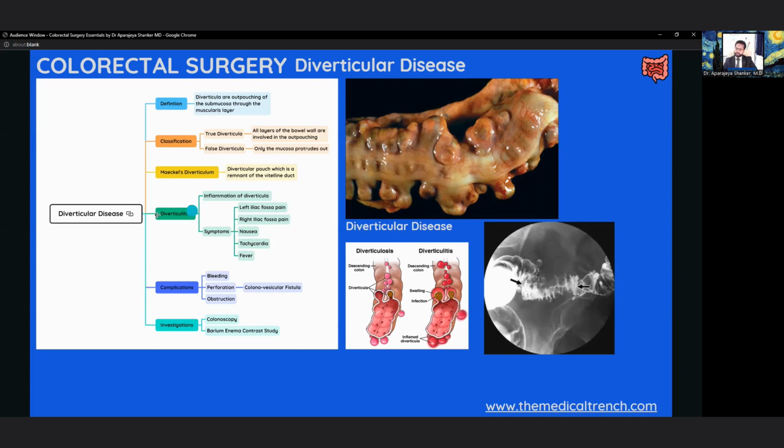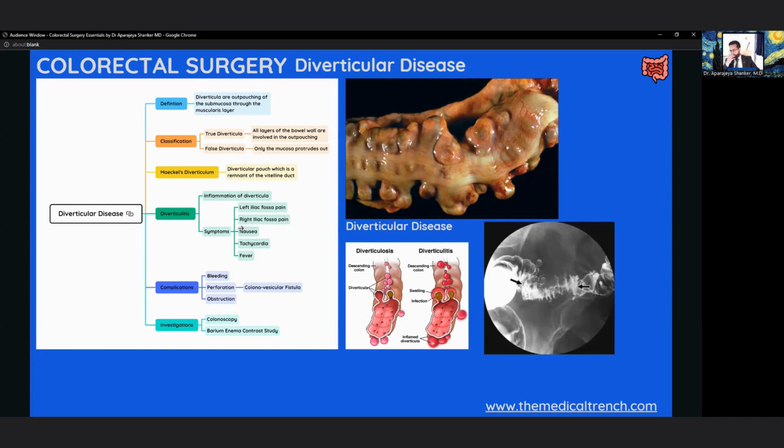Now, diverticulitis essentially means that the diverticula that you notice have undergone some kind of inflammatory change, and they're completely inflamed, right? Now, in general, you have two different ways of understanding the diverticular. Diverticular pain usually occurs in the right and left iliac fossa. And in these patients, the most common complication that they may come with is bleeding per rectum, right?